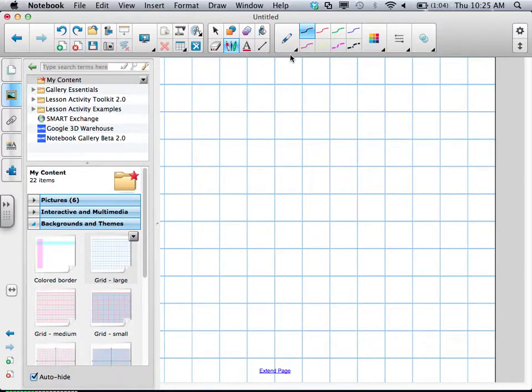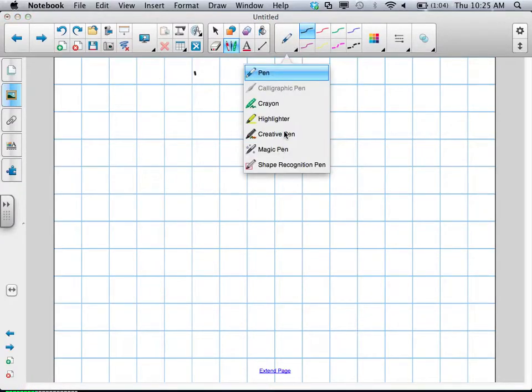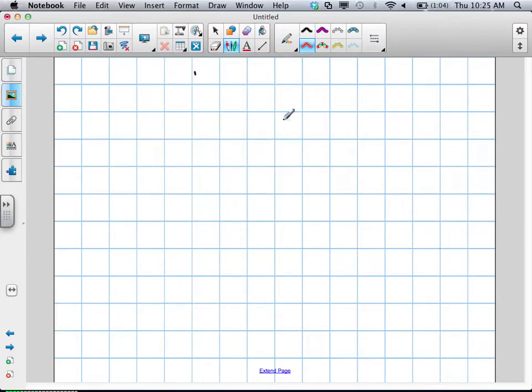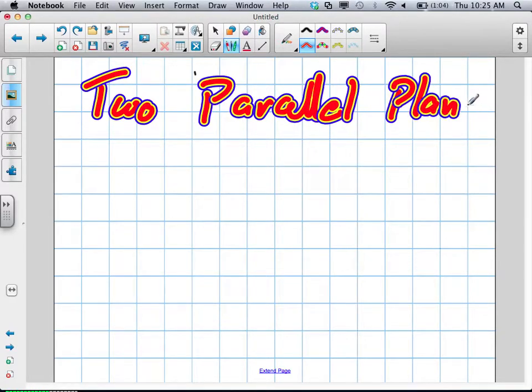Another system we could be looking at, this is example 5 in your book. Okay. And this one is two parallel planes that intersect a third plane.